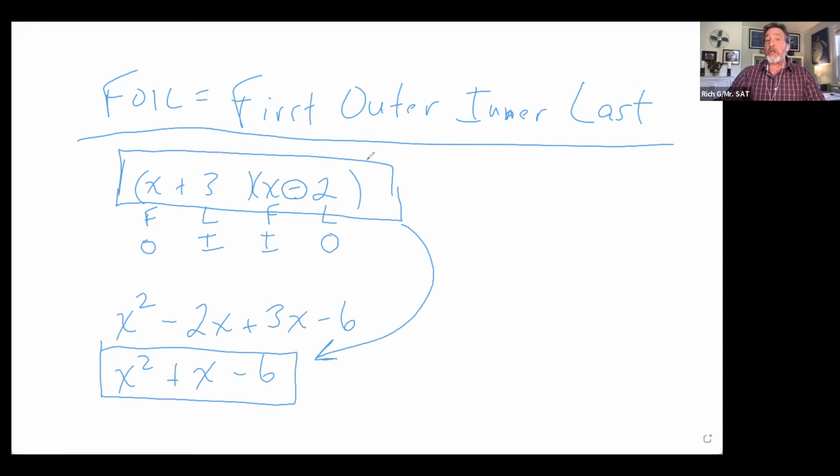Now, we are going to use FOIL throughout the SAT test, and we're also going to use reverse FOIL. Reverse FOIL is when you're given the polynomial and I've got to break it back down into its factors. And that's where we are with this problem. So let's jump back there and we're going to use reverse FOIL now that you got a good idea of what FOIL is. Stand by.